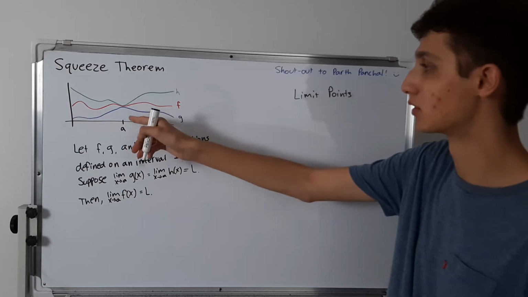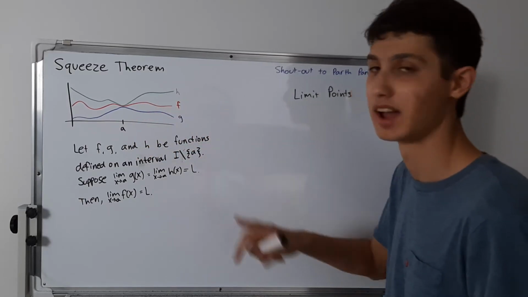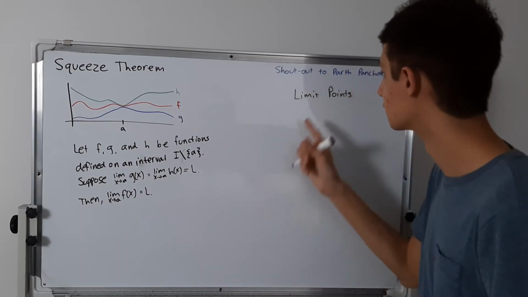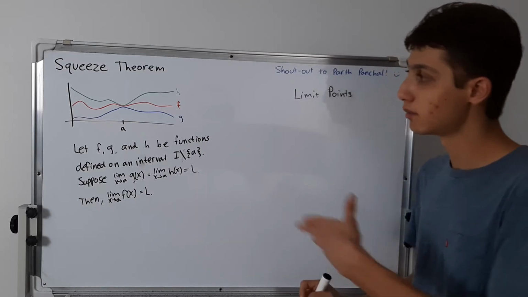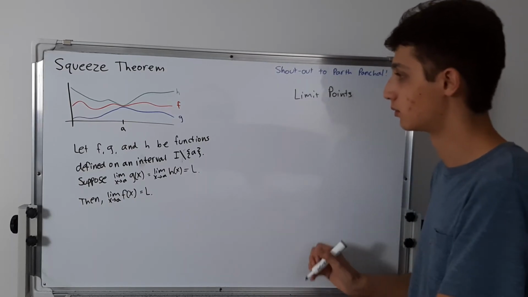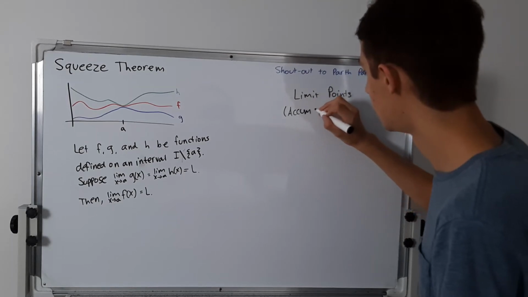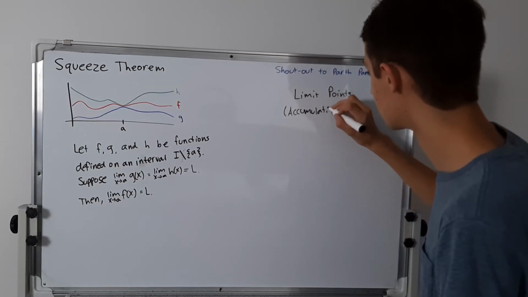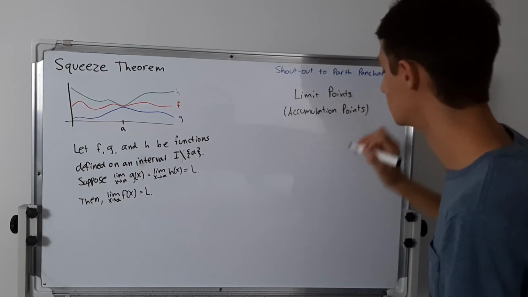They could cross over a little bit at a, or not really, but that's just how the definition is. So it talks about limit points on Wikipedia. Another name for a limit point is an accumulation point, and it's basically exactly what you think. It's a place where the set just accumulates.